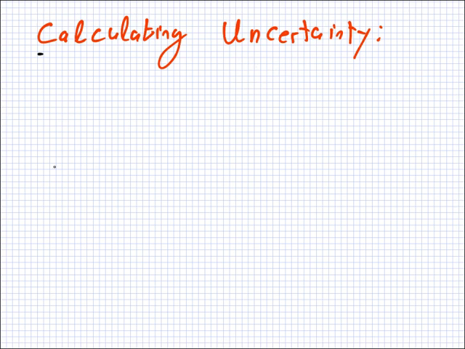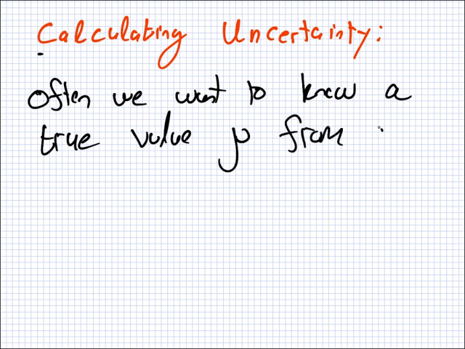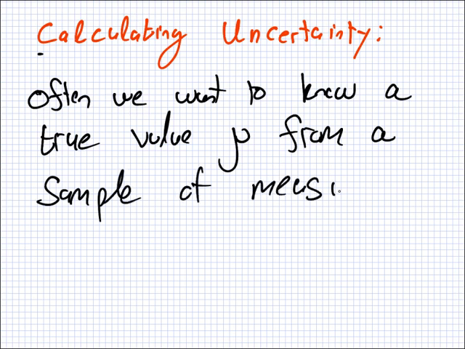So the problem is often we want to know a true value, I'll call it mu, from a sample of measurements. So, for example, here's a very simple example. You want to know somebody's height.